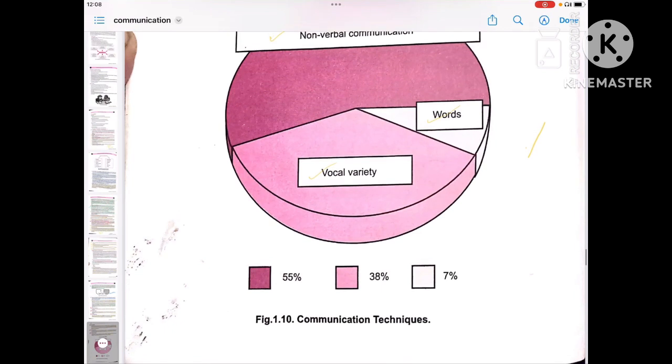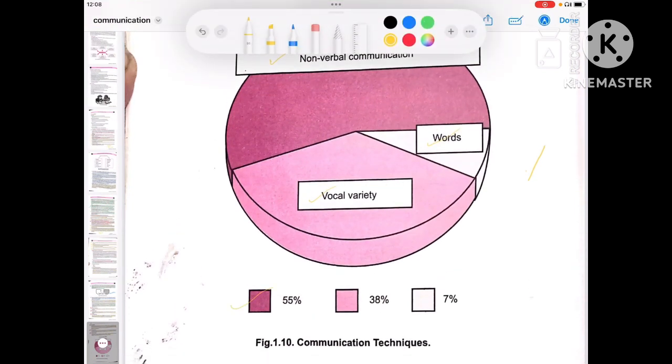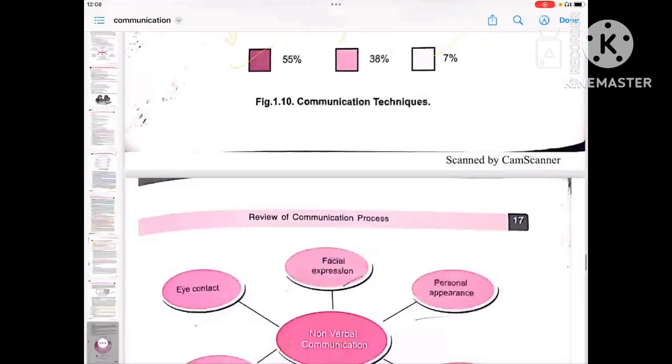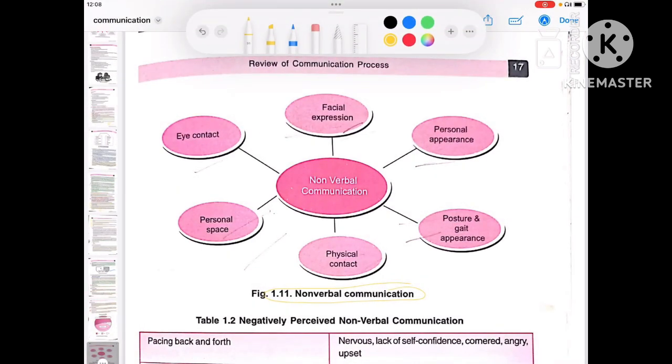Communication techniques. So mainly, which techniques will they use more? They will use 55 percent non-verbal communication, 38 percent vocal variety, and words are 7 percent. So here, non-verbal communication: personal appearance, posture, gait, physical contact, personal space, eye contact, facial expression.